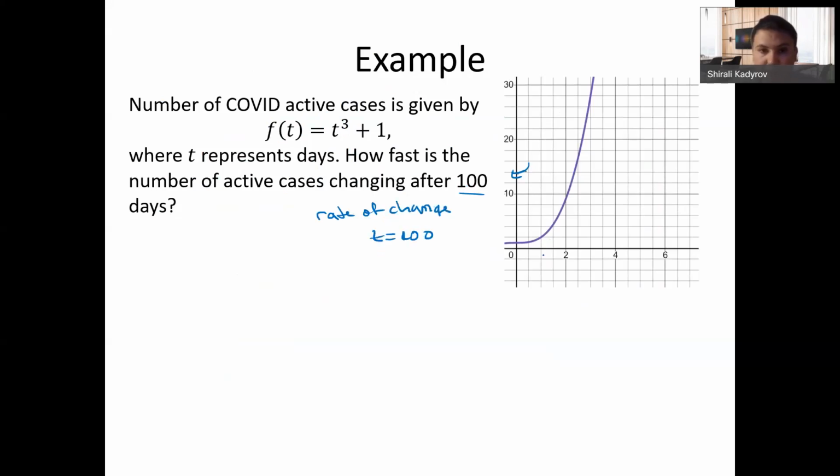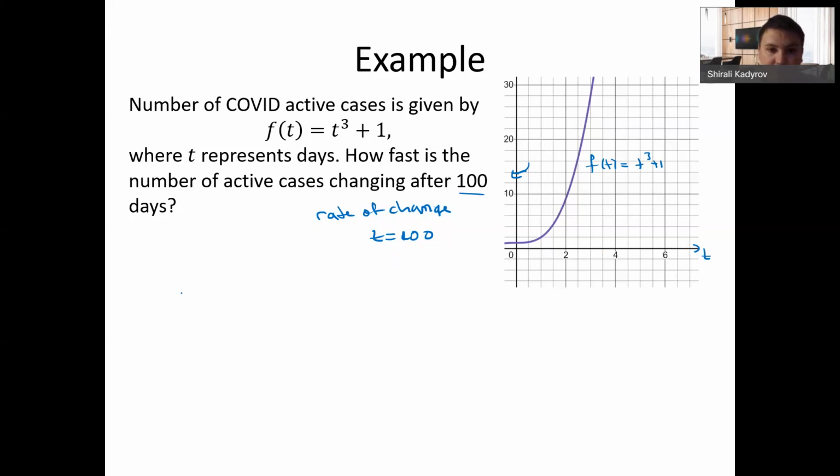100 could be very far away, and we want to find the rate of change, which is also the slope. If this is my f of t equal to t cubed plus 1, I want to find the slope of this function when my t, or if you like my x, is equal to 100.